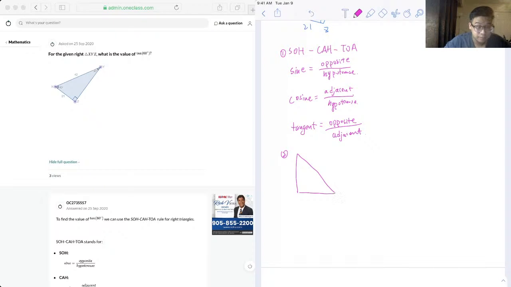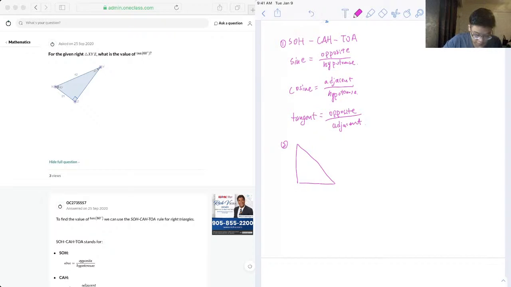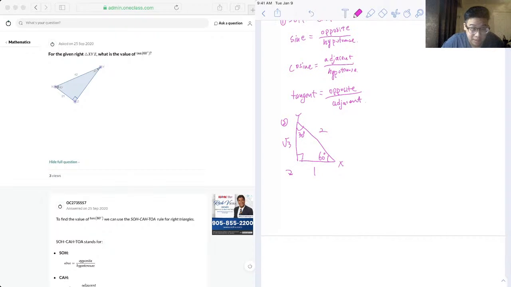So by knowing this, I'll be introducing the basic model in trigonometry, which is this triangle here, X, Y, Z. This is the basic model in trigonometry, and remember, as long as it has a 30-degree angle, a 60-degree angle, and a 90-degree angle, its hypotenuse is always 2, and the two other sides will be √3 and 1.